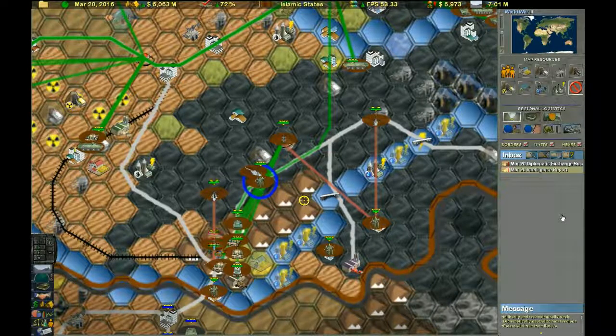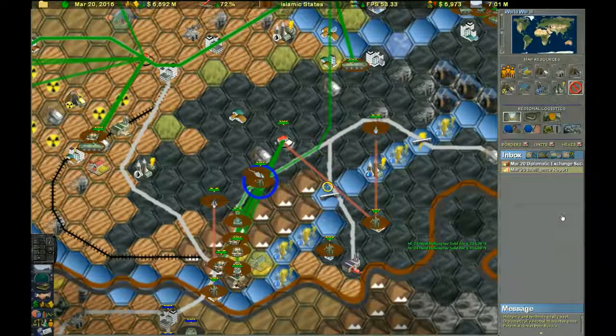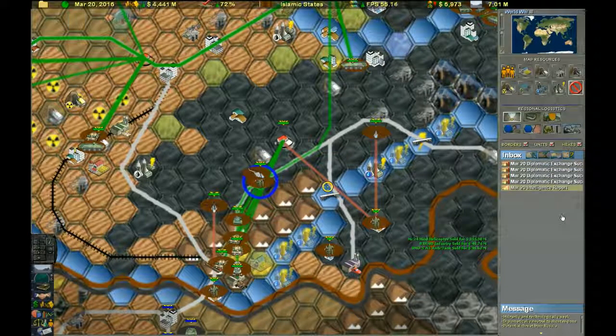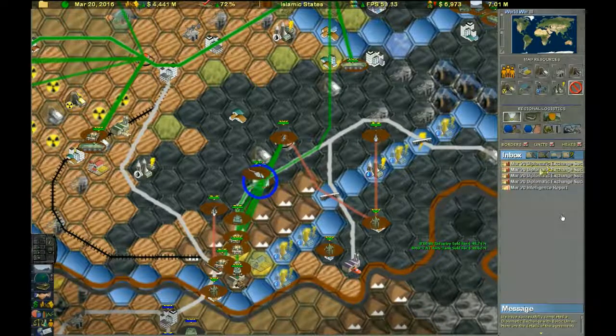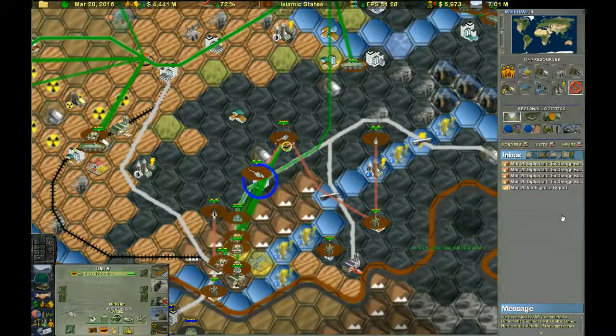Our engine is running, and we can watch this next step in the garrison unit loading and becoming air transport for that local military base.